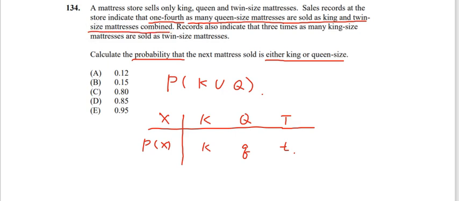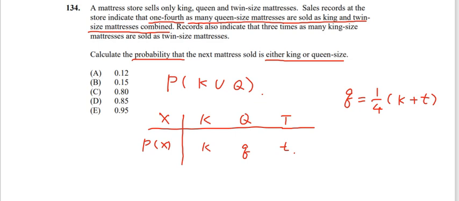So from here we get queen equals 1/4 of k plus t. Okay, right?